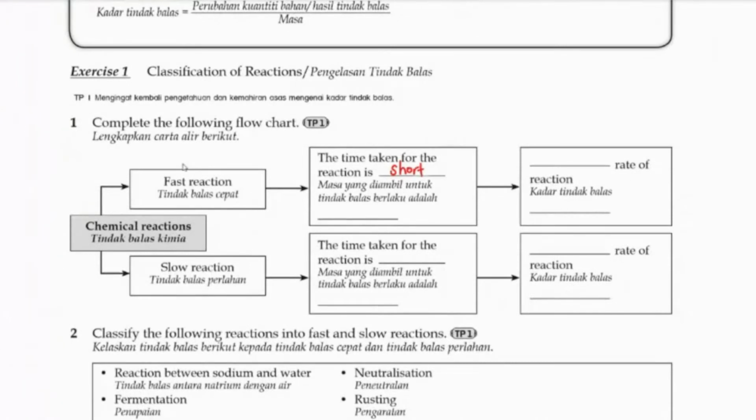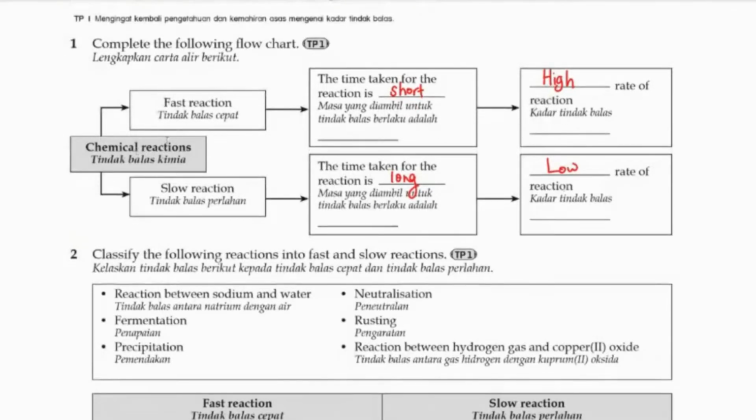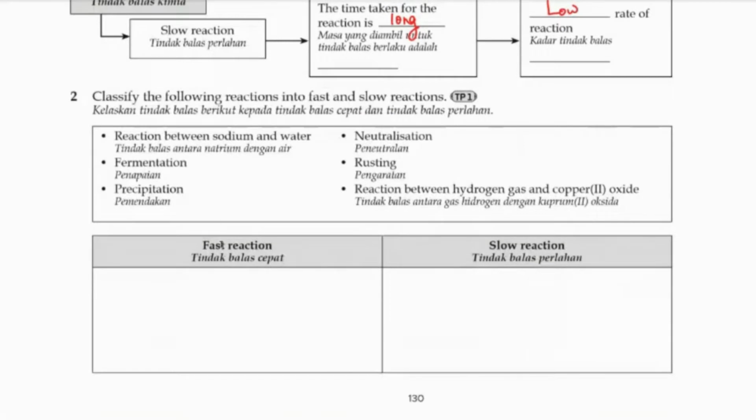And we call it a higher rate of reaction. For the slow reaction, the time taken is longer, so this one is a low rate of reaction. Here, I just want you to remember when you need to use the words high, low, fast, or slow.